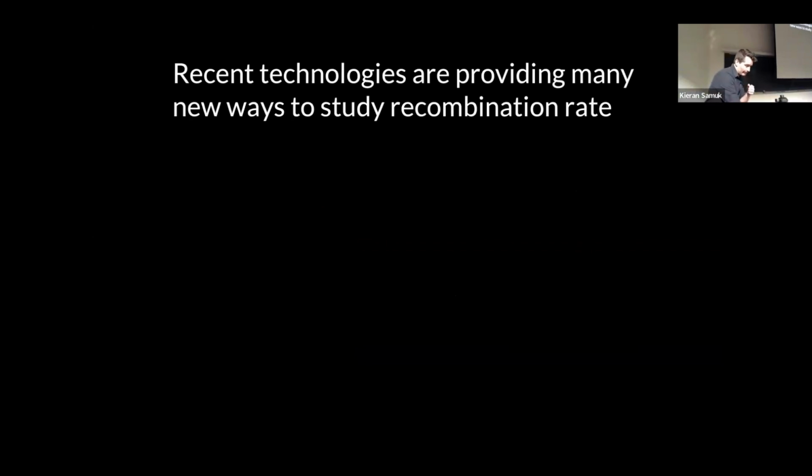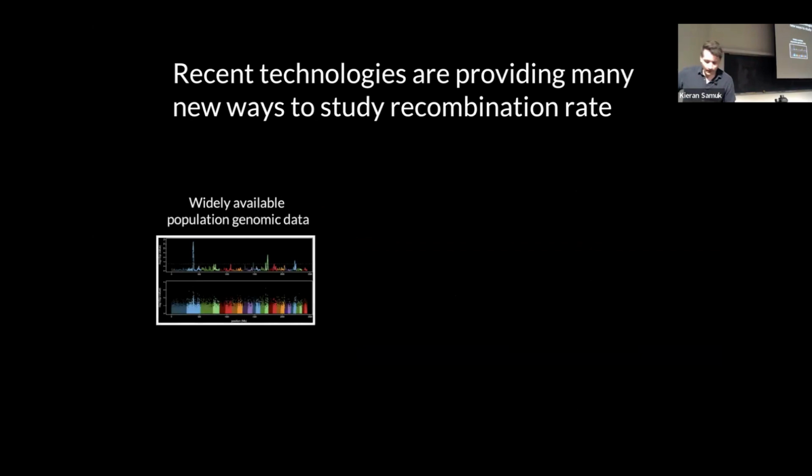Luckily, work is being done here, and there are all kinds of exciting new recent technologies that are providing many new ways to study recombination rate. One approach is to use population genetics. As you all know, we now have tons of population genetic sequencing data in all kinds of different model and non-model organisms, and we can use model-based approaches, for example, to get estimates of recombination rate.